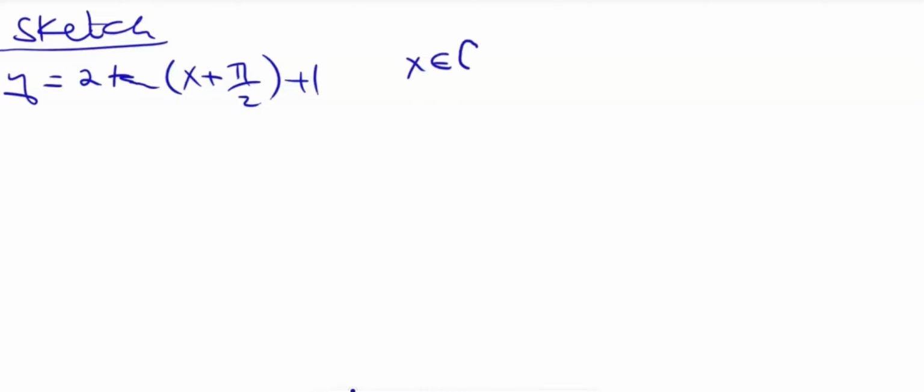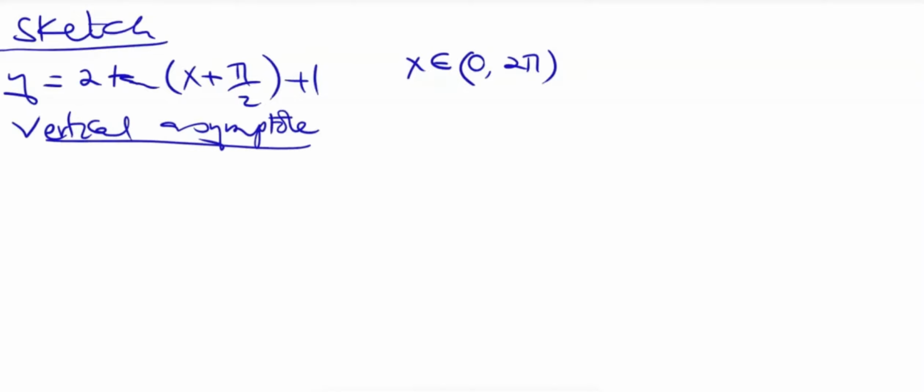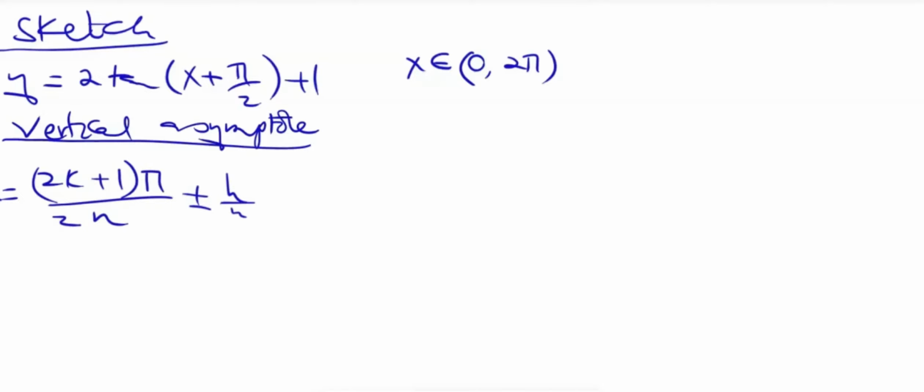So this is my given domain. Alright, so vertical asymptote again. My h value in this case is pi over 2, n value is 1.